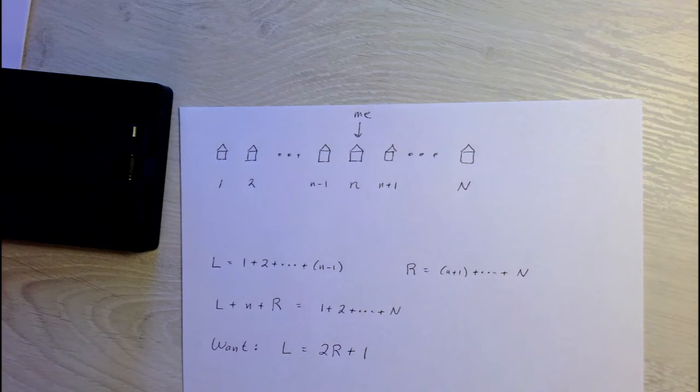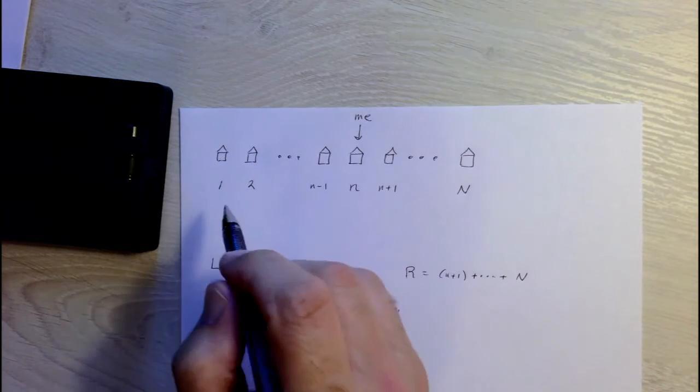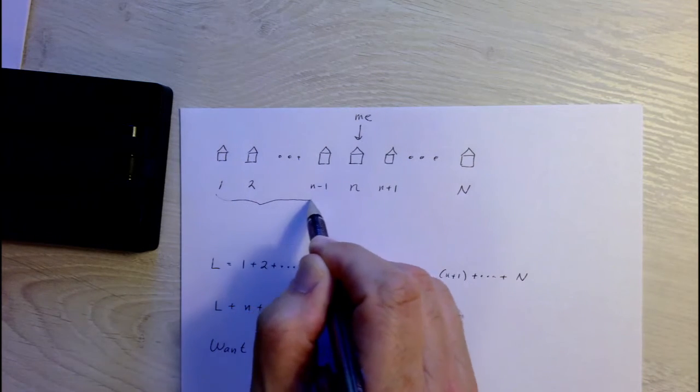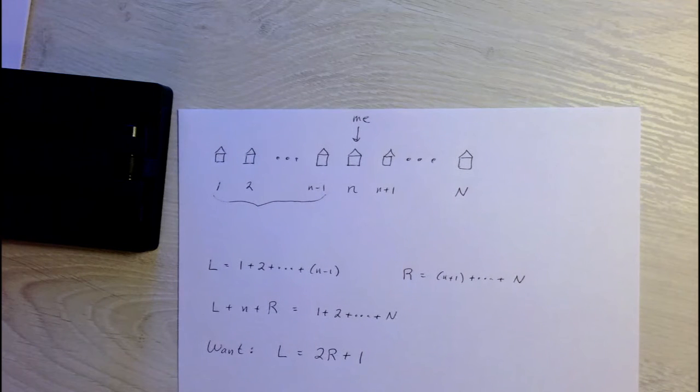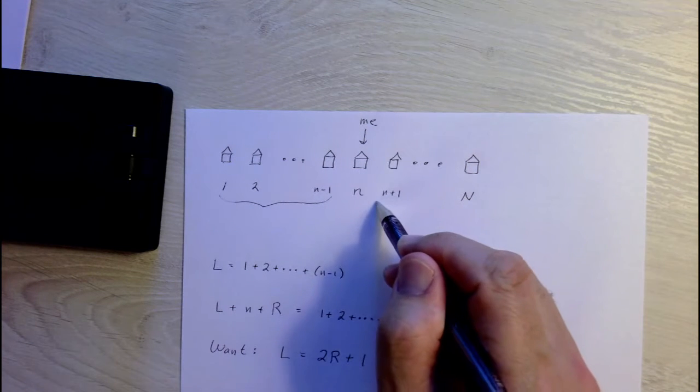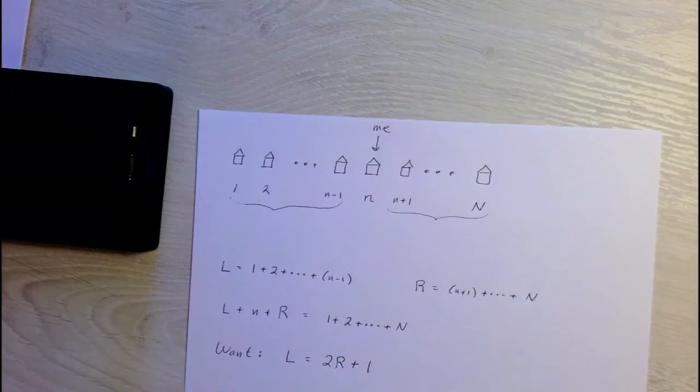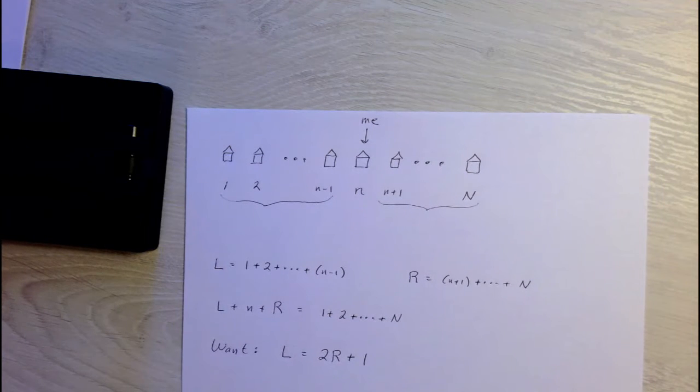Now, we want to write this into an equation, or a series of equations, involving little n and big N. To do this, we're going to introduce some more terms, because what we're really interested in is what we call the left sum, that is the sum of all the addresses before my house, and the right sum, the sum of all the addresses that come after my house, or to the right of my house.